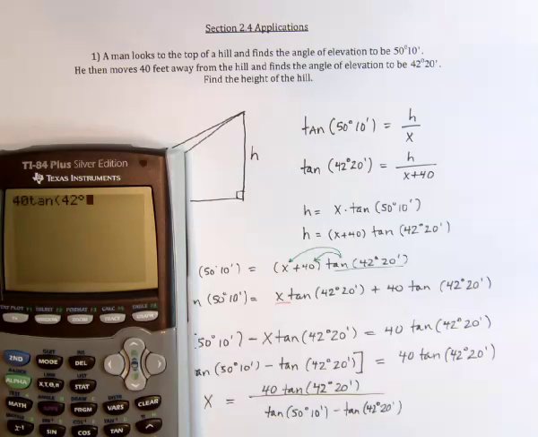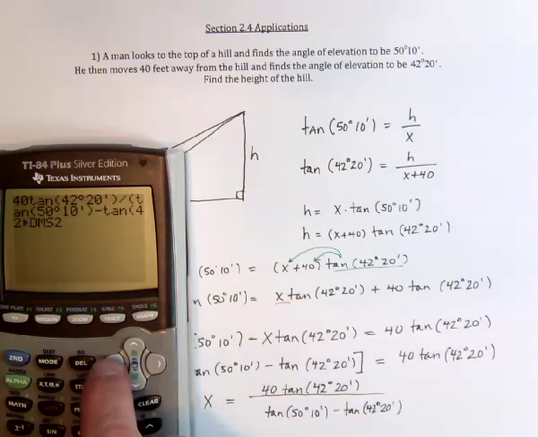So 42 degrees, 20 minutes, and then divided by, and the numerator has two things that are being subtracted, so I should put parentheses around the whole denominator, which is tangent of 50 degrees and 10 minutes minus tangent of 42 degrees.